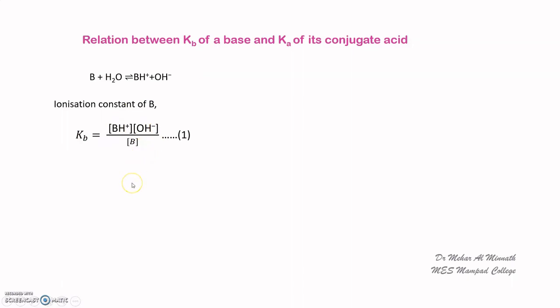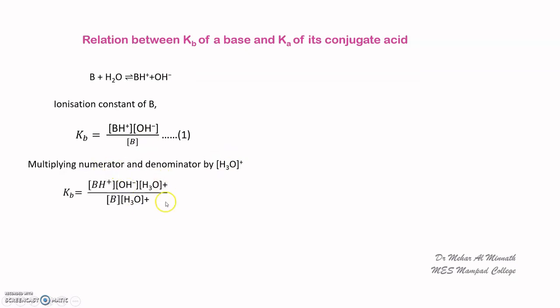And we'll do a sort of mathematical treatment over here. Multiply both numerator and denominator by H3O+, that is, the hydronium ion. Alright, we get this expression. Now we'll rearrange this equation. Then you bring this OH- and H3O+ to one side.